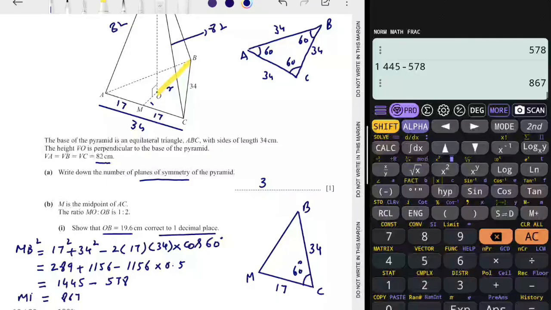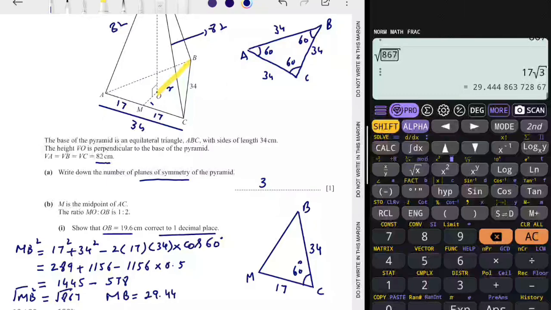Now we have to take the root on both sides, so it will be 29.44. So MB would be equal to 29.44.